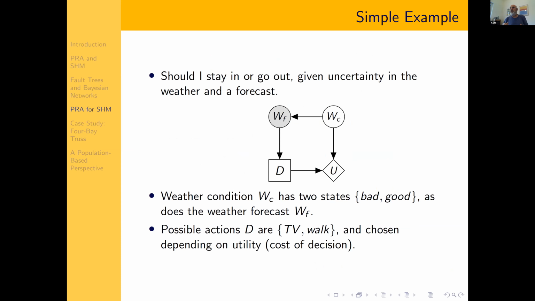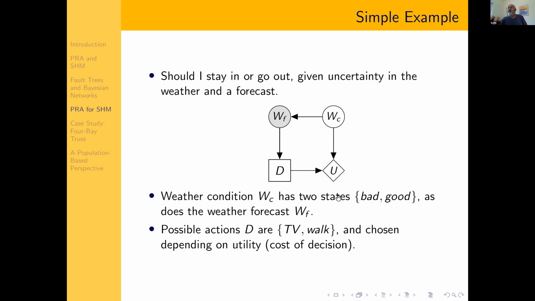So a nice simple example of an influence diagram is this. This is a graphical model again, but it's got two random variable nodes. It's got a decision node and it's got a utility node. And so the question that we're asking here is, given the uncertainty in the weather and the fact that I've got a weather forecast, should I go for a walk or should I stay in and watch the television?